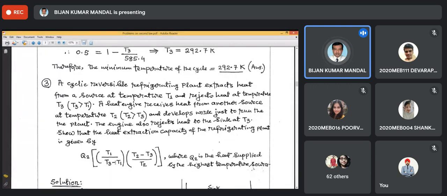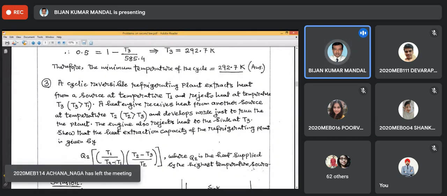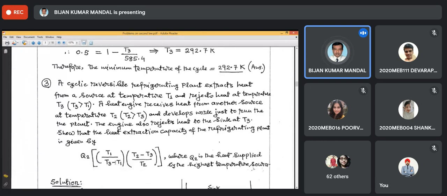A cyclic reversible refrigerating plant, that means a refrigerator, extracts heat from a source at a temperature T1 and rejects heat at temperature T3. Obviously, T3 is greater than T1 because it is a case of refrigerator.